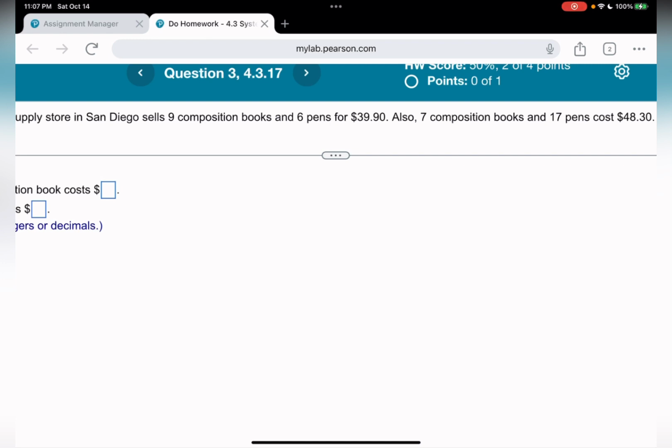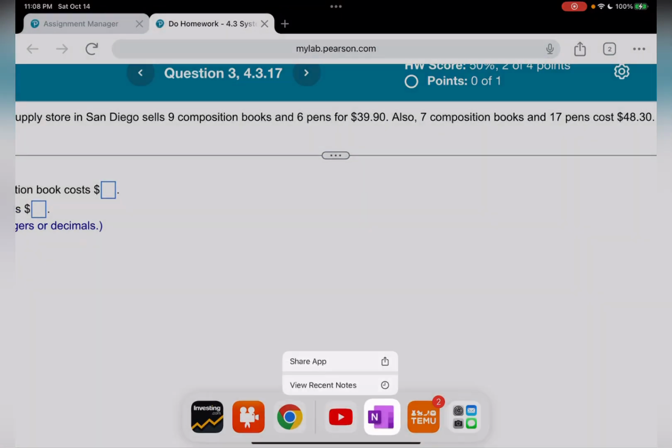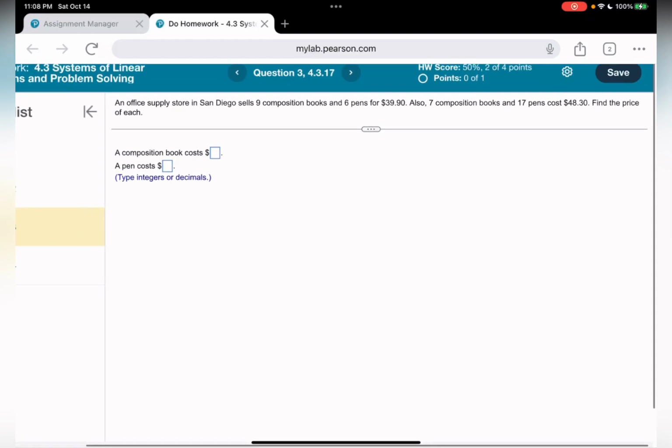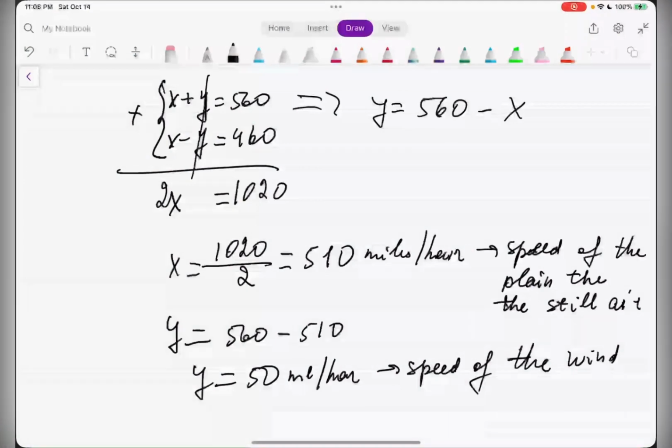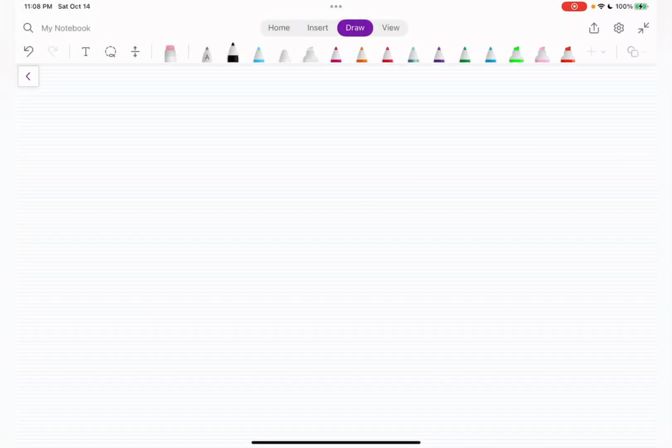Okay, how are we going to solve this one? The price of each, let me take a picture of these numbers so I don't have to come back every time. Okay. So, what are we going to have?